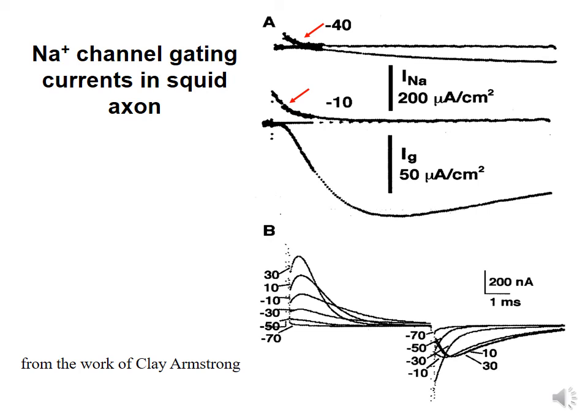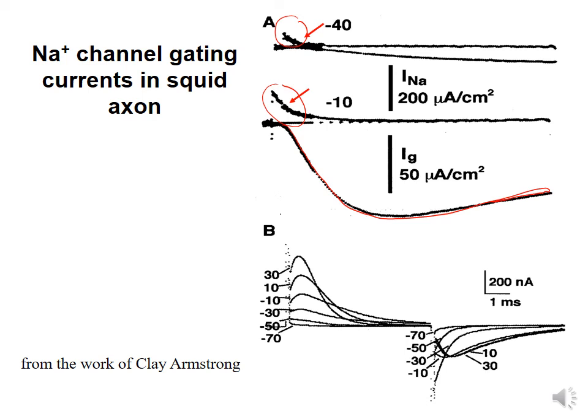So if you block the ionic currents with tetrodotoxin, and then you depolarize or hyperpolarize these axons, and you measure what kind of currents you find in these axons, you can find these very tiny currents, okay, that we call gating currents. And these much larger currents here would be the ionic currents.